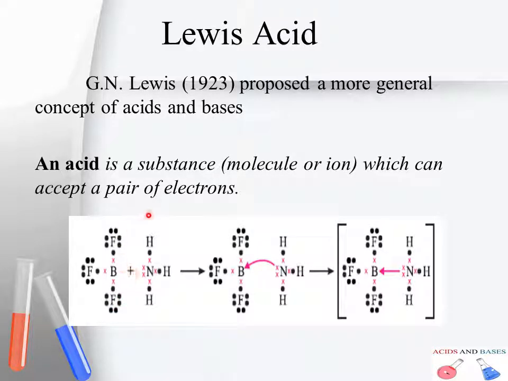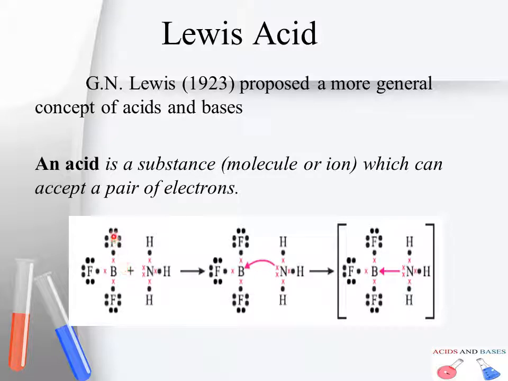Every atom wants to complete its octet rule. In the same way, boron also wants to complete its octet rule. So here boron forms a bond with 3 fluorines. Each fluorine will donate its 1 electron.